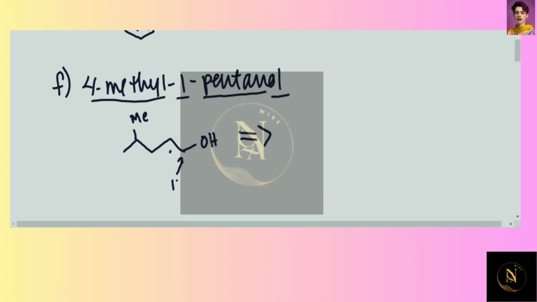So we can imagine making the following disconnection. Again, we use formaldehyde, which is just a 1-carbon aldehyde, using the following Grignard reagent. I'm just going to make sure that I have all of my carbons correct. So 1, 2, 3, 4. 1, 2, 3, 4.